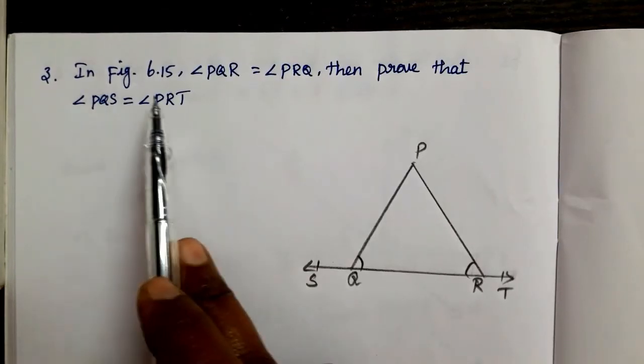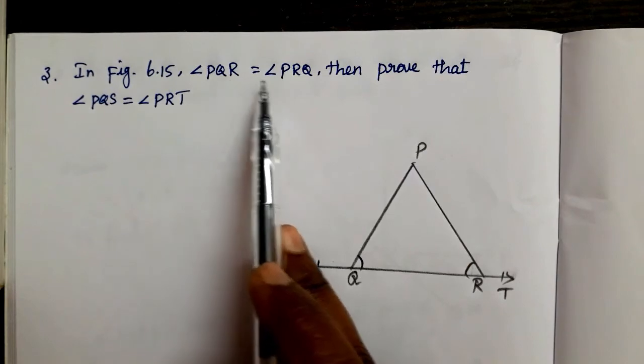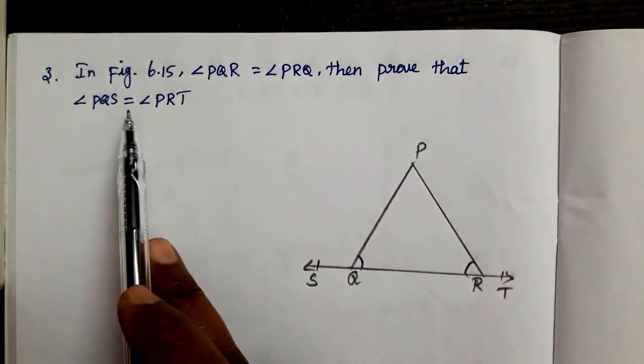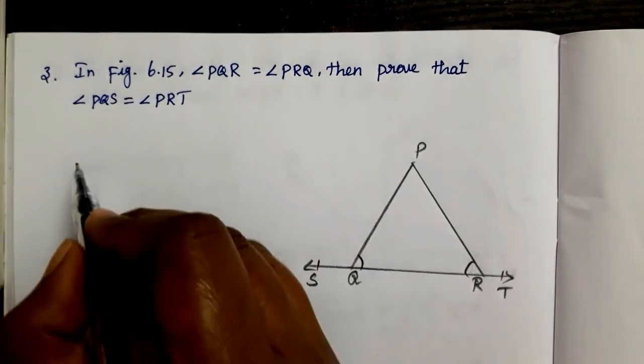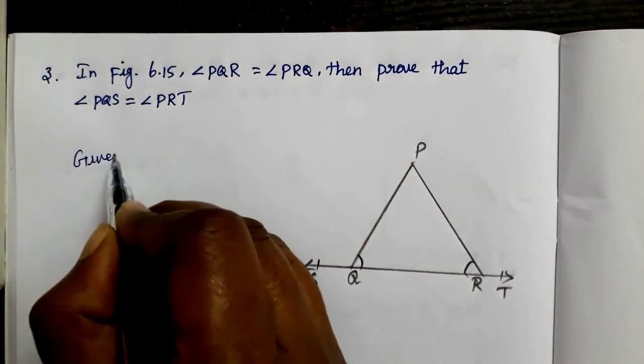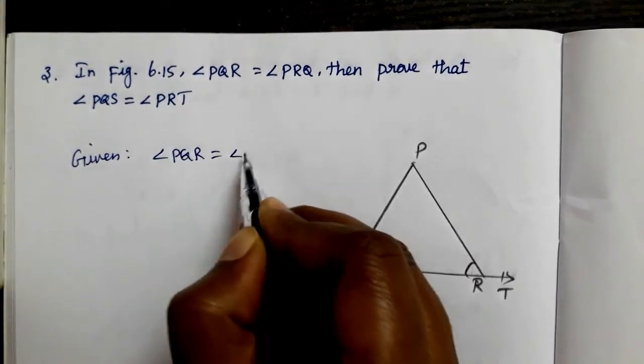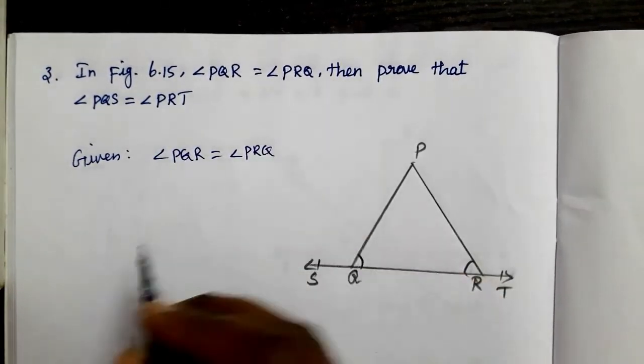Question number 3. In figure 6.15, angle PQR equal to angle PRQ. Then prove that angle PQS equal to angle PRT. Here given angle PQR equal to angle PRQ.